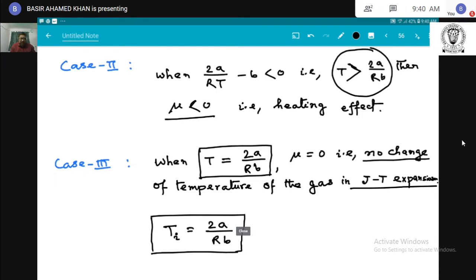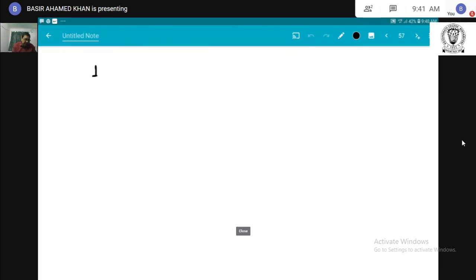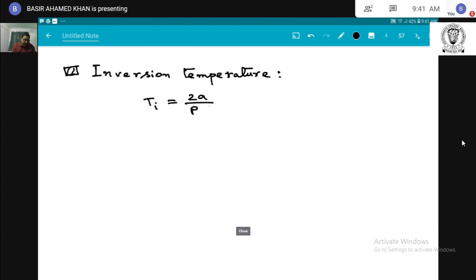This is called inversion temperature, Ti equal to 2a by Rb. This is inversion temperature.